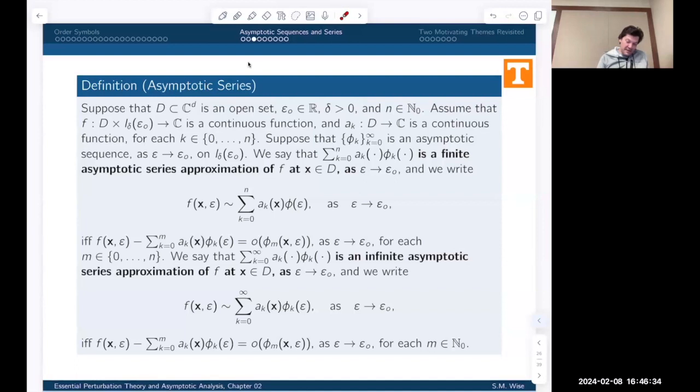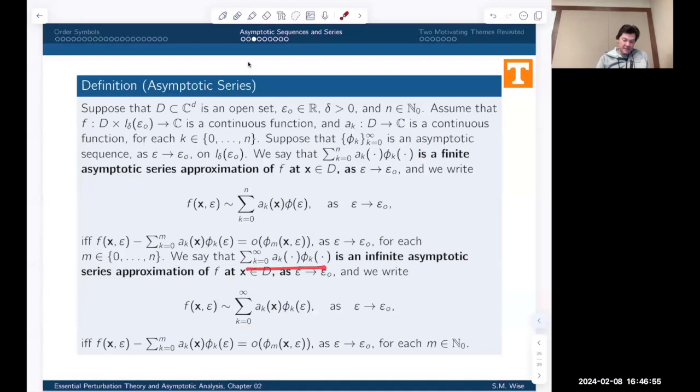Then we say that this object here is an asymptotic series approximation of f as epsilon goes to epsilon naught, and we write f is twiddle that series.